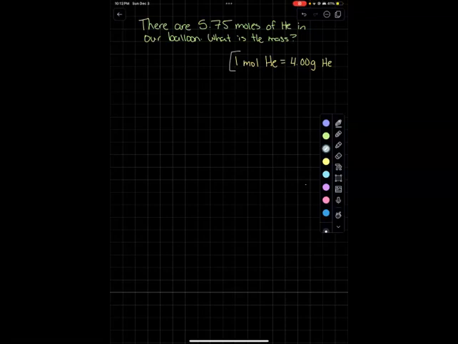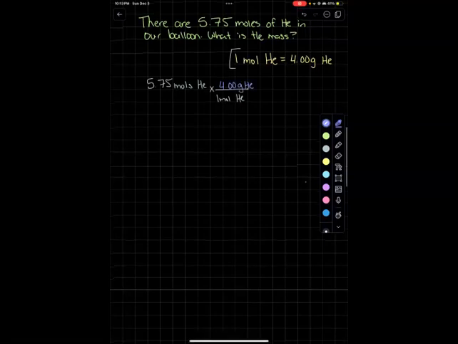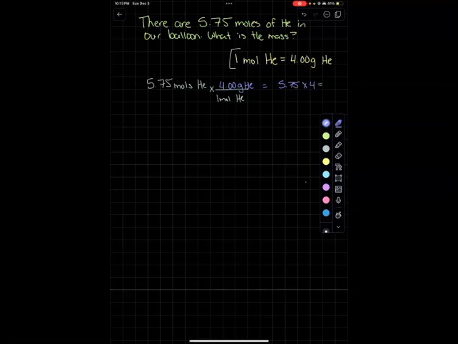So I have 5.75 moles of helium, and I need to cancel out my moles to get to grams helium. We have our fact above, 1 mole helium is equal to 4 grams helium. And I can just do simple math, where it is 5.75 times 4, and that is equal to 23 grams of helium.